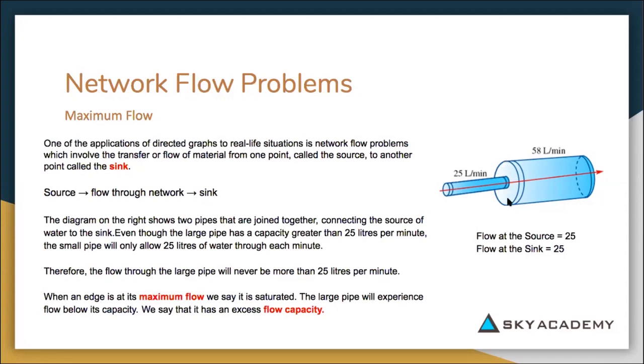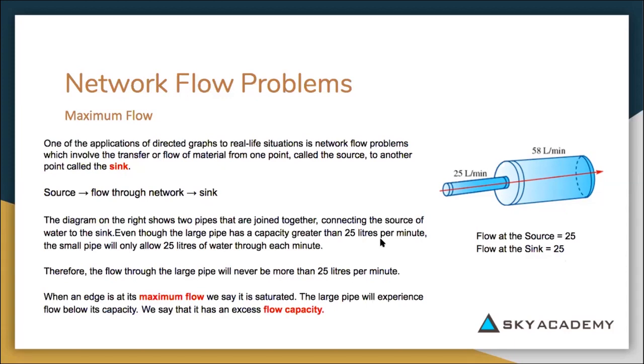When it gets here, 58 litres is allowed through this bigger cylinder. However, because we only have 25 litres from the source, only 25 litres could possibly flow through this cylinder towards the sink. So if you have a look here, we have 25 at the source, which means 25 will finish at the sink.